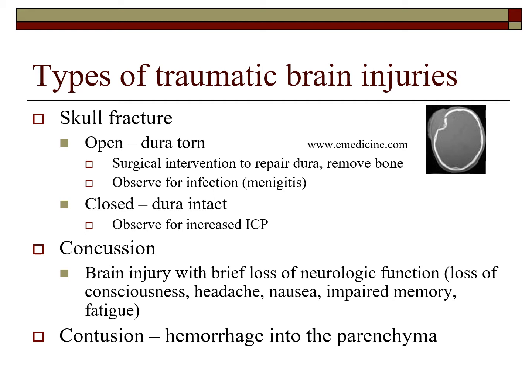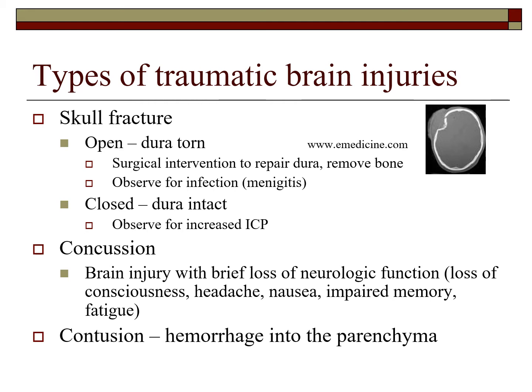So for skull fracture, you see in the upper right there, that is a depressed skull fracture. And you can see that big bulge on the outside would be a very large hematoma. So that's what you'd be seeing on the patient. Concussion would be milder. You can see it's an injury. They may lose consciousness. They may not lose consciousness. It used to be concussions were defined as loss of consciousness, and that's no longer accepted.